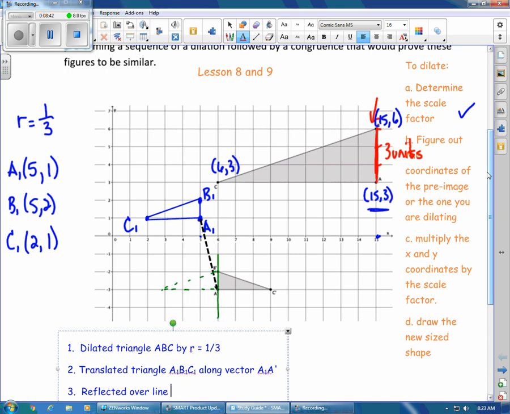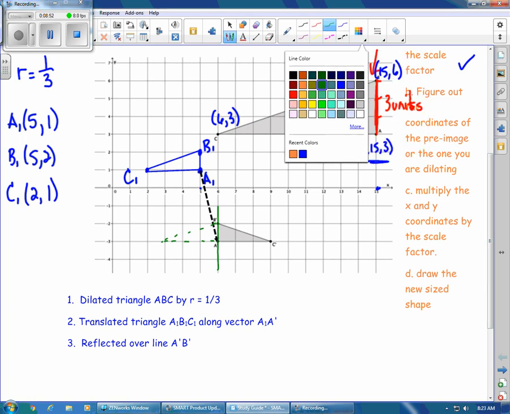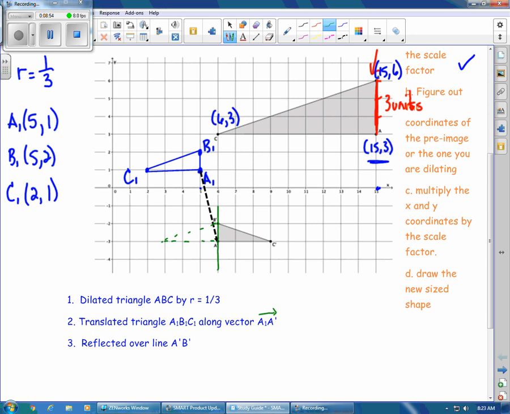Oh, A prime, B prime. Okay, so I'm just going to add a few things here to make sure that my notation is correct. So the vector should have a little arrow on top of it, pretend that's blue, and then this should have a little line over the top of it because it's a line segment AB that you're reflecting over.